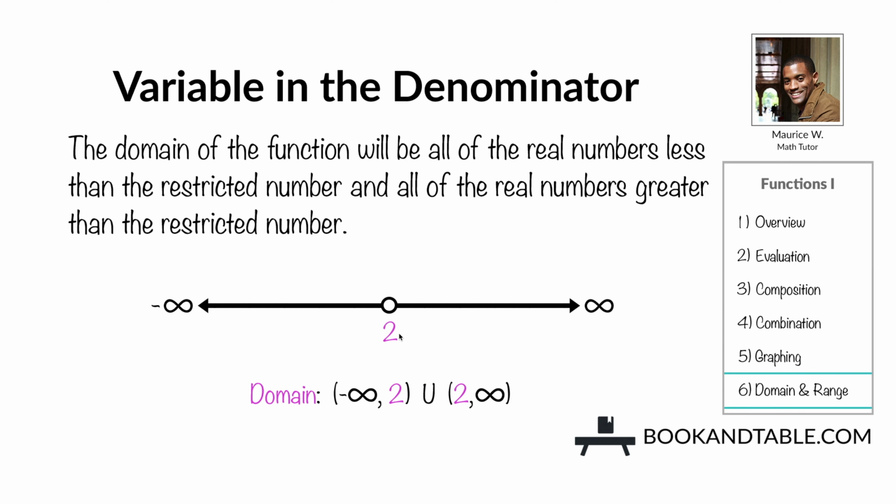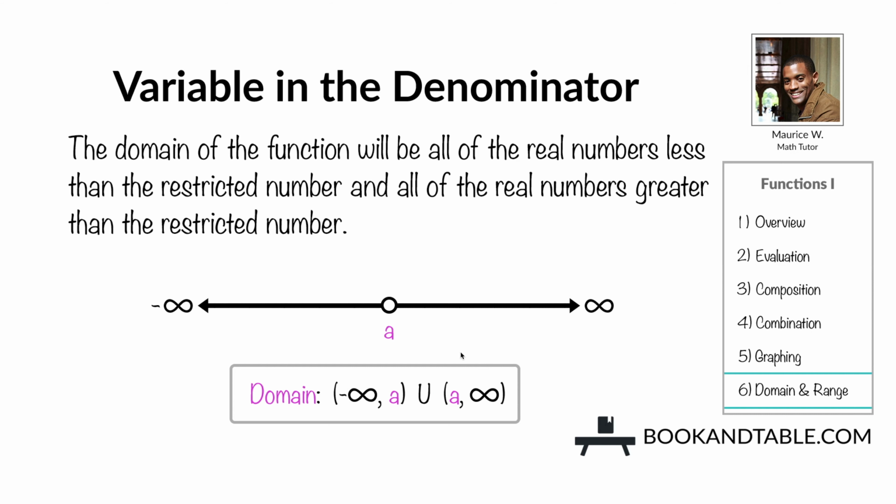If it were a different number, same thing. If it's all real numbers except for 2, the domain would be from negative infinity to 2, and then from 2 to positive infinity. This is the way of saying it's any of these numbers except here. This creates 2 separate intervals. So this would be the general form of when the domain is restricted by just one number.